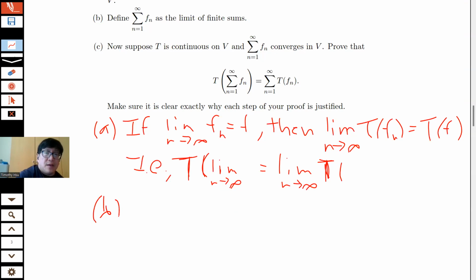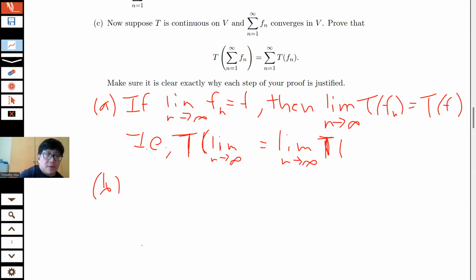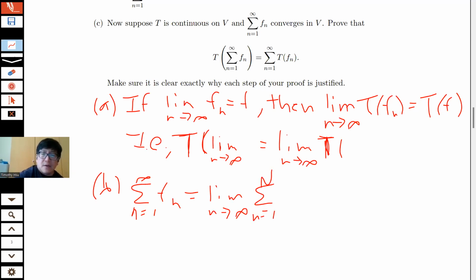So B, define the sum as n goes from 1 to infinity of f sub n as the limit of finite sums. Remember, this is equal to the limit as capital N goes to infinity of the sum as little n goes from 1 to capital N of f sub n.